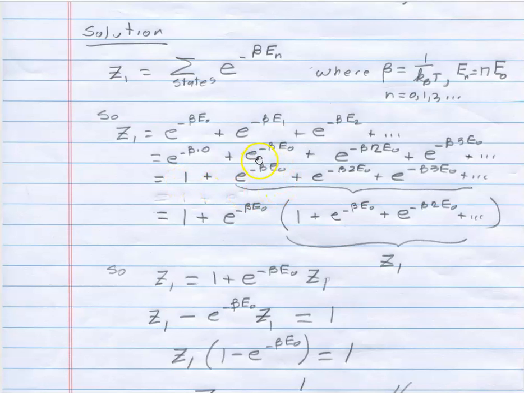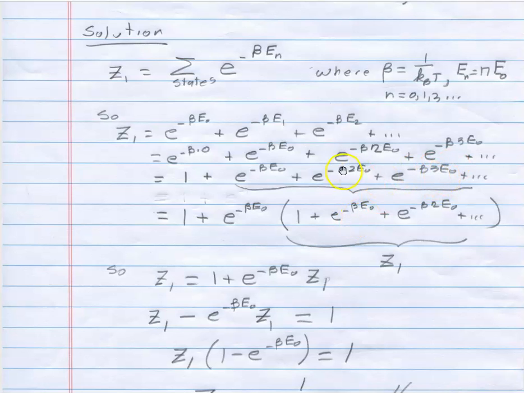Then I look at this piece here, and a standard trick that we'll see again in a lecture or so is that I can take this infinite sum and factor out the very first term. So I factor out e to the minus beta E naught, and that leaves 1 for this term. I factored out one of these, so that just leaves me e to the minus beta E naught.